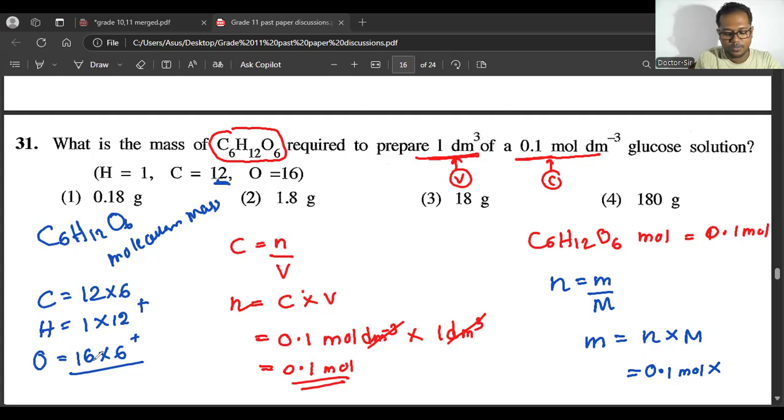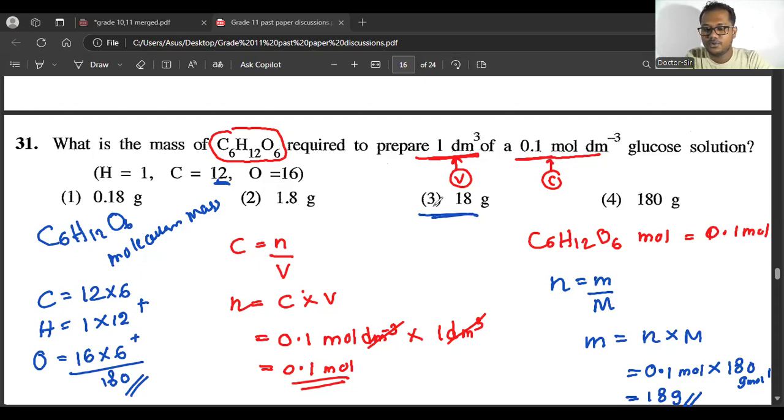So 72 plus 96 plus 12 is 180. So we multiply 0.1 mole by 180 grams per mole, and it will give 18 grams. So we can take that as the third answer.